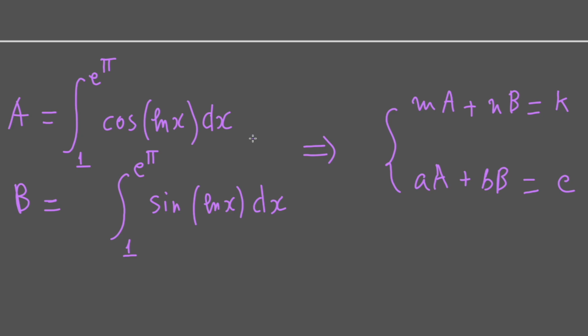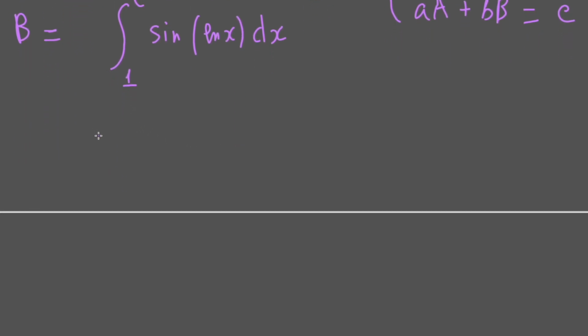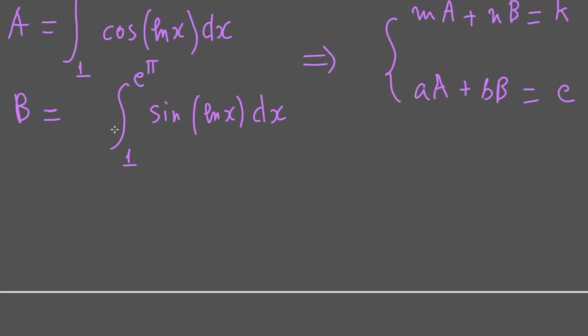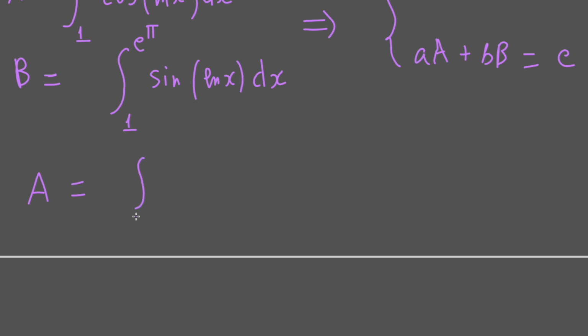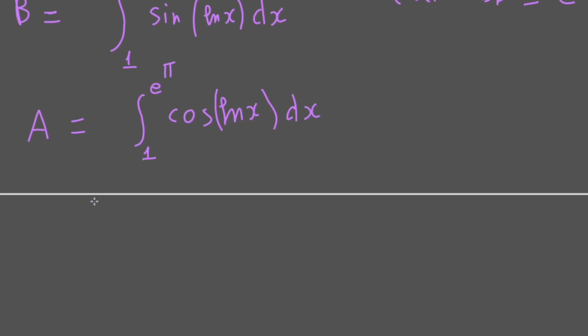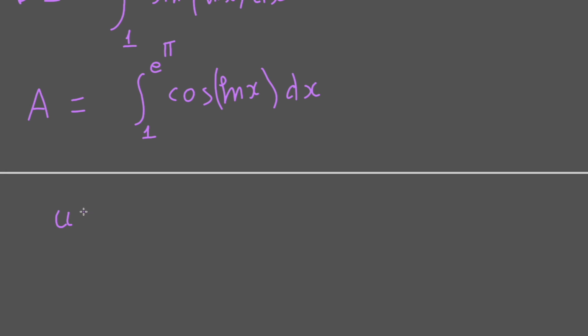So we just rewrite the integral A. Remember that if u is a function and v is another function, the derivative of u times v will be equal to u times the derivative of v plus the derivative of u multiplied by the function v.